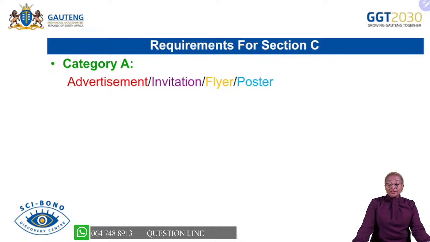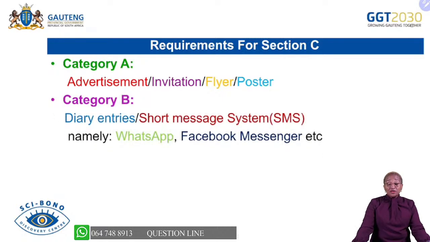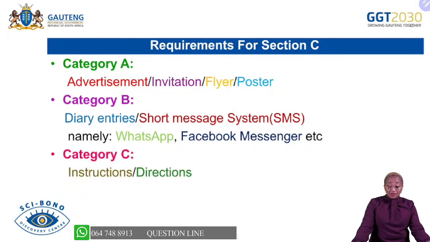We also have an invitation. We have a flyer as well as a poster. What about category B? In this category, we do have diary entries and short message systems, namely WhatsApp and Facebook Messenger. And what about category C? In this category, we do have instructions as well as directions.